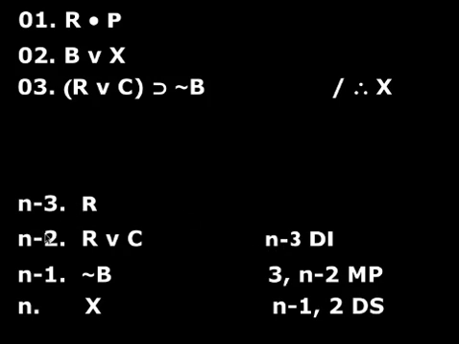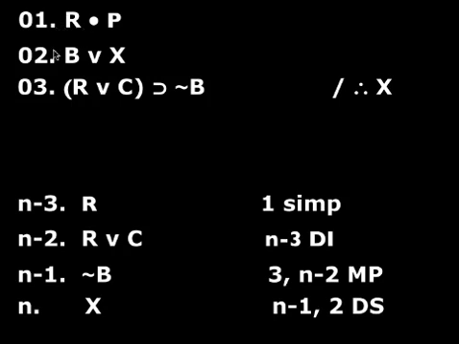Now, how can I get R? Right there, I can just simplify it off of line 1. Now I've made contact with my premises, right? The line that I got here moving backwards is something that I can get from stuff that's already there.